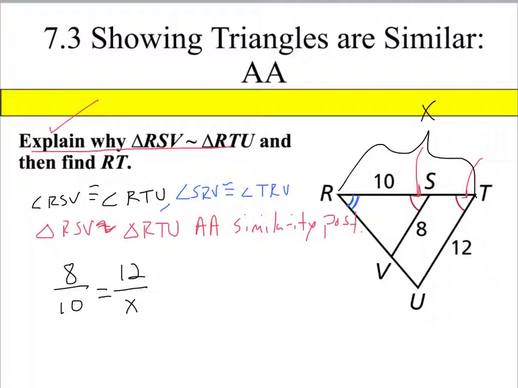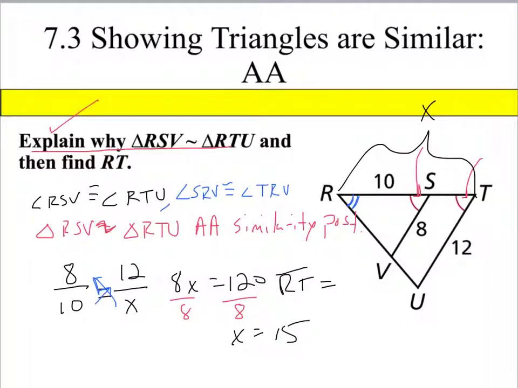So the entire thing is x. So now I'm going to cross multiply here. And I will get 8x is equal to 120. Okay. From here, I need to figure out what x is, which means I divide by 8. And x is equal to 15. Okay, so I figured out what RT is, which is RT is equal to 15.